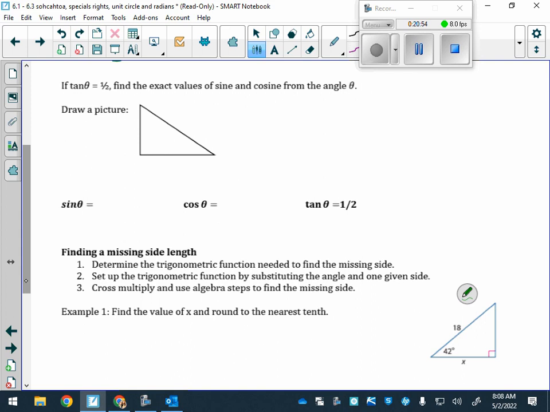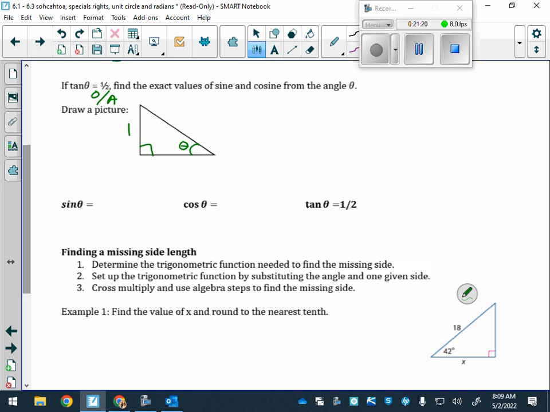All right. Let's try one more. Here is theta. Tangent is what? What is our trig ratio for tangent? Yep. Opposite over adjacent. So across from theta, this side length is going to be what?